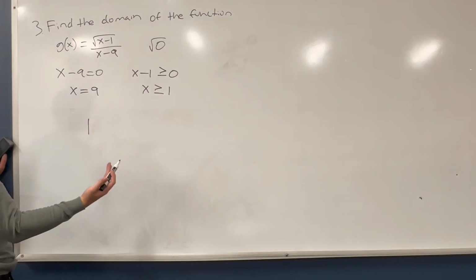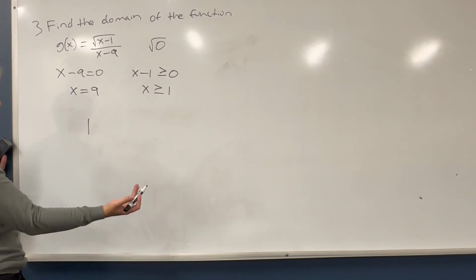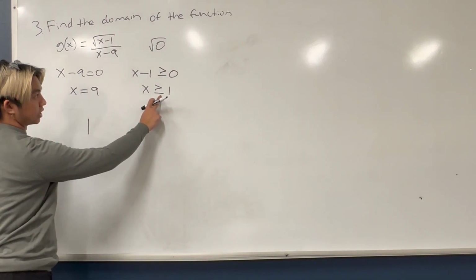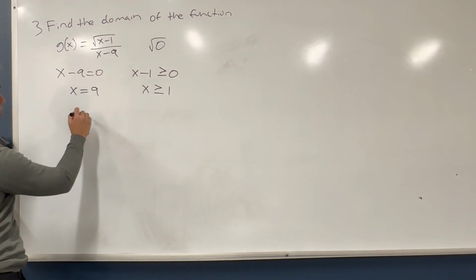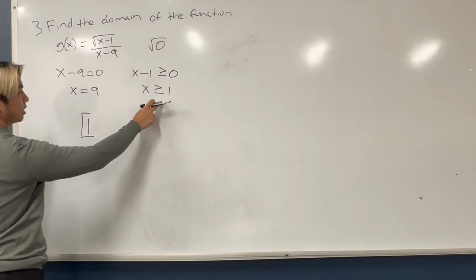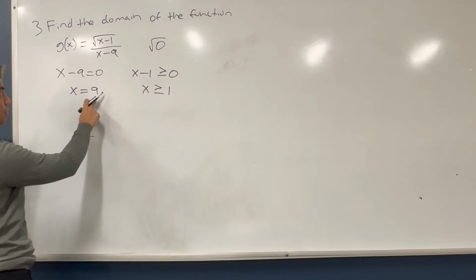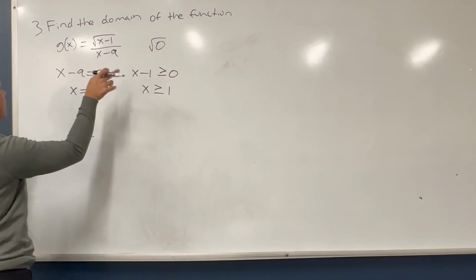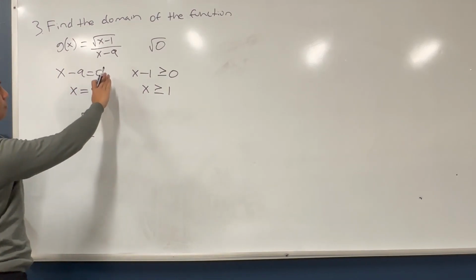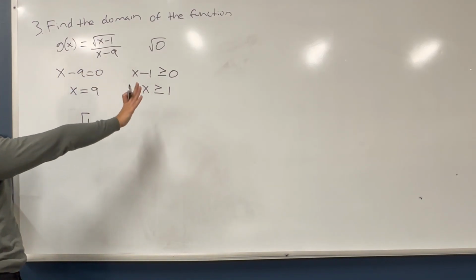But is this parentheses or bracket now? It would be a bracket, right? Because there's an equal sign here. It's greater than or equal to. So bracket 1, right? And then what's our next point? 9, right? Because x cannot be equal to 9 here. Why? 9 minus 9 is 0, right?